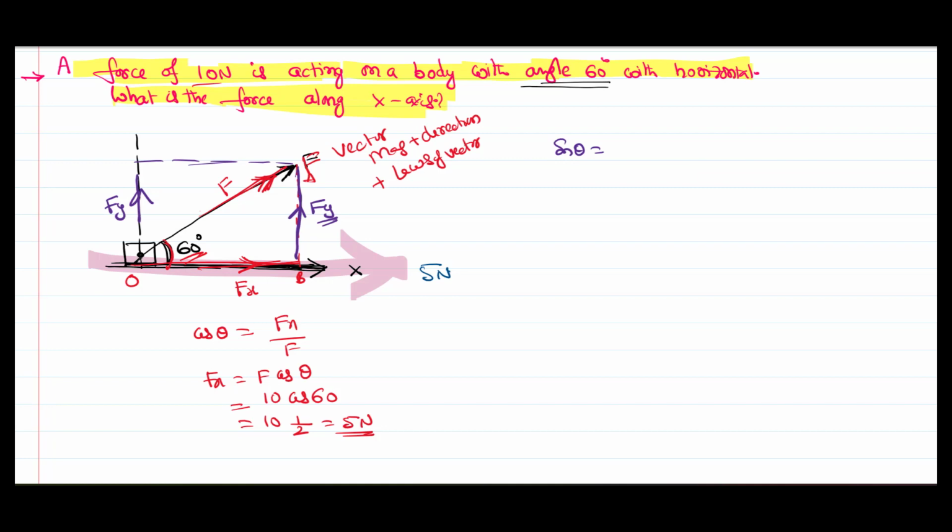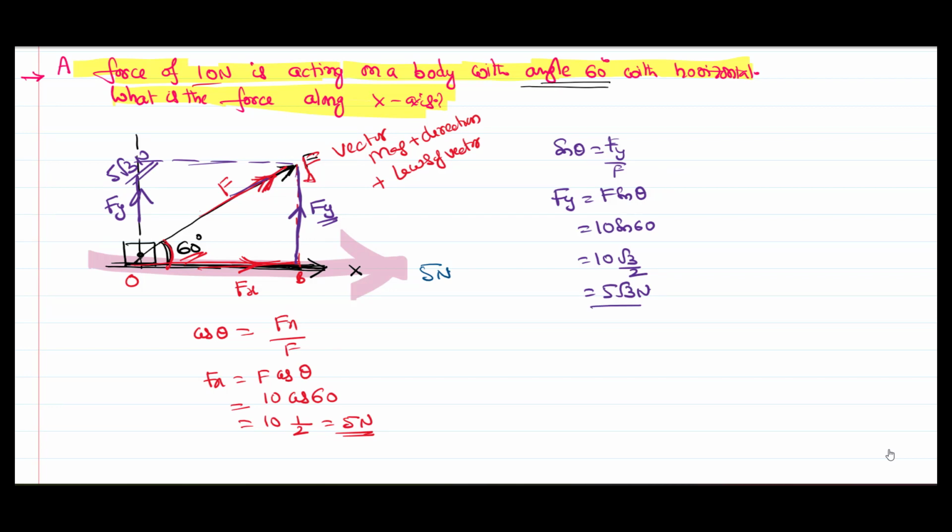Sine theta is equal to opposite side by hypotenuse, that is Fy by F. That implies Fy is equal to F sine theta. F is 10, sine 60. Sine 60 is root 3 by 2. That is 5 root 3 Newton. So how much is there along the y-axis is 5 root 3 Newton.